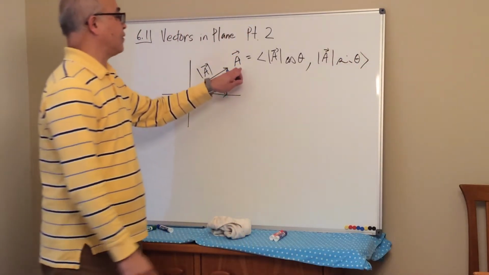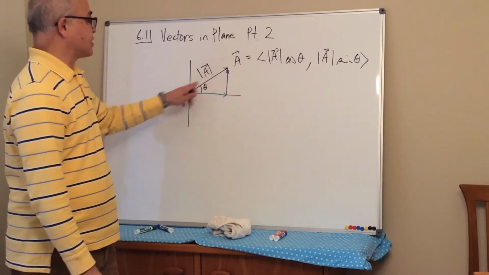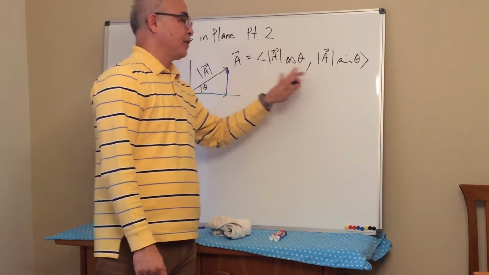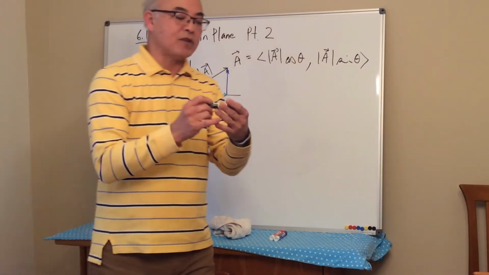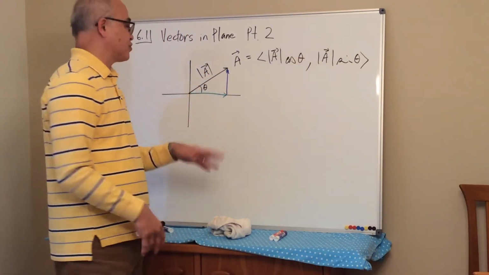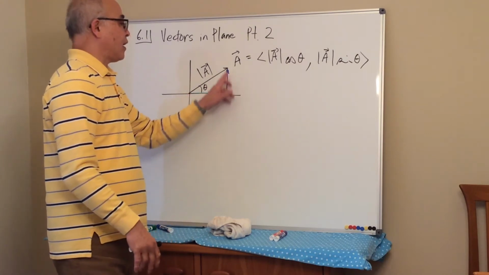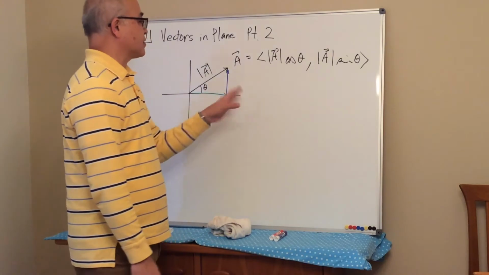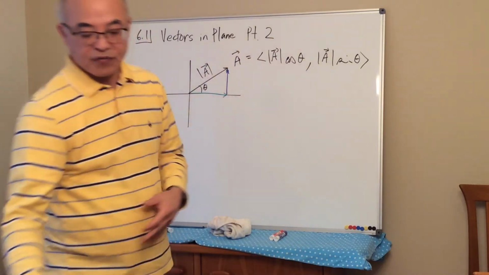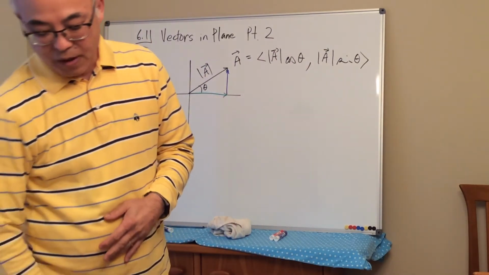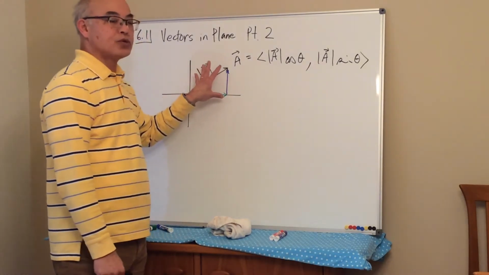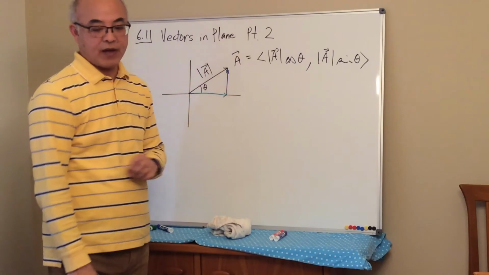Okay, so I've now taken one single vector and put it into 2 different components. Most of the time I'm interested in the x component and the y component. There are times that are not that way, and as a matter of fact, in example 9, we will talk about that. So this is how you decompose or resolve a vector.